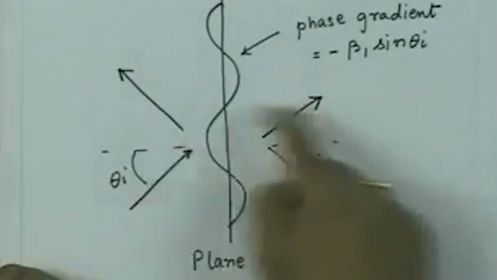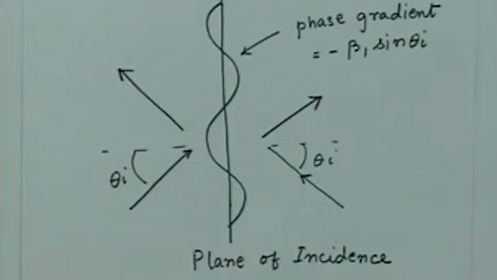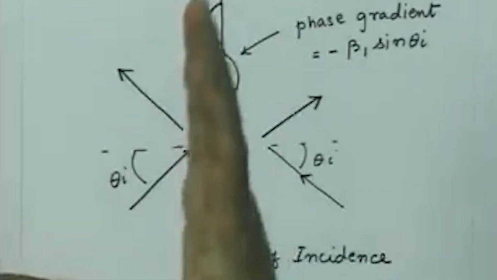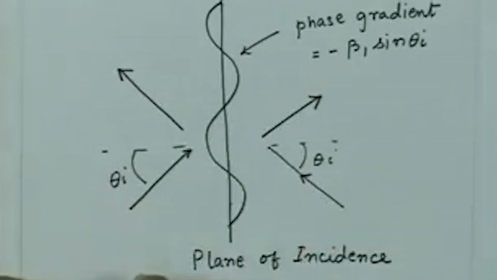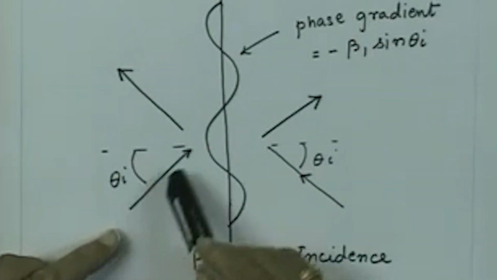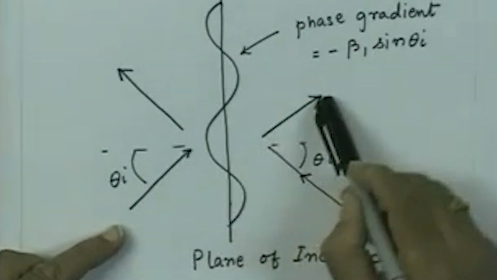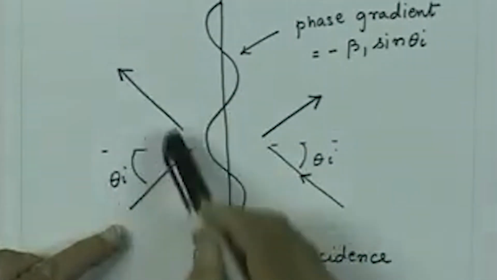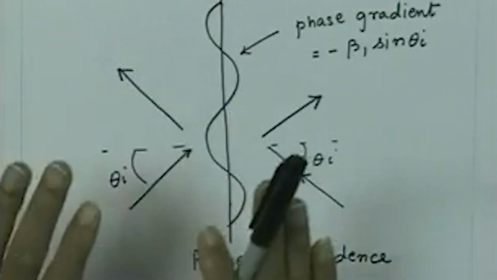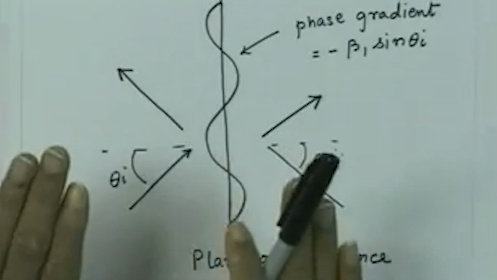But the same is true for the two waves which are created, which are induced because of the dielectric medium interface. So, for this field also you are having a uniform variation in this direction. That means the wave vector corresponding to these two waves also must lie in this plane, which is the plane of incidence. So, we make a very important conclusion, that the wave vector for the incident wave, the induced wave which is in the second medium, and the wave vector which is going into the first medium, they all three lie in the same plane, and that plane is the plane of incidence.